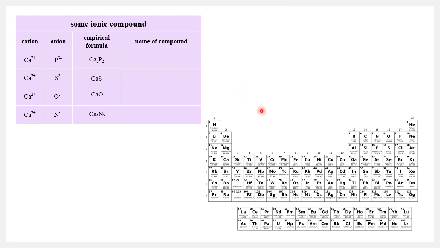Next, we're going to name these compounds. We will need the periodic table to do so. When naming a compound, we first name the cation, followed by the anion. Naming the cation is the same as naming an atom. This means that calcium as a cation and calcium as an atom have the exact same name.